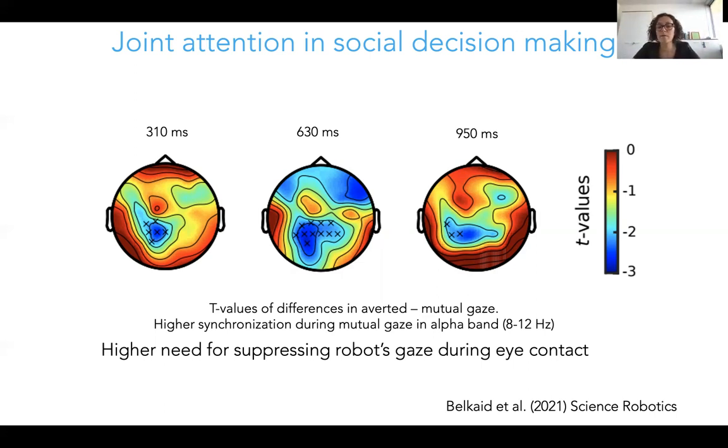And we looked into the literature, what does that mean? Because in the previous studies, we saw higher desynchronization in mutual gaze. And what we found in the literature is that higher synchronized alpha activity actually means suppression mechanisms. So they were trying to suppress the irrelevant gaze of the robot in this case.